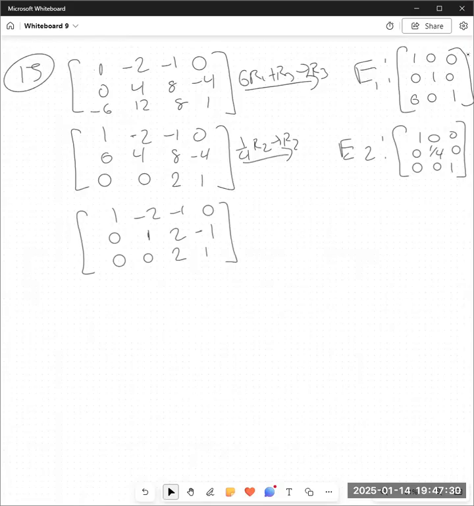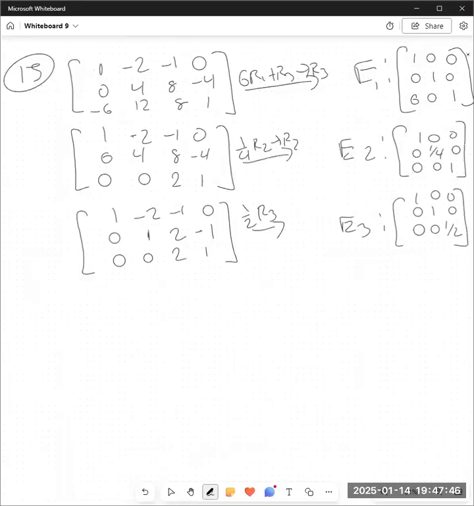Now, I need to get a 1 in this position here, so I need 1/2 of row 3. So my E3 is going to be 1/2 of row 3. That gives me 0, 0, 1, 1/2, and the rows 1, -2, -1, 0 and 0, 1, 2, -1.